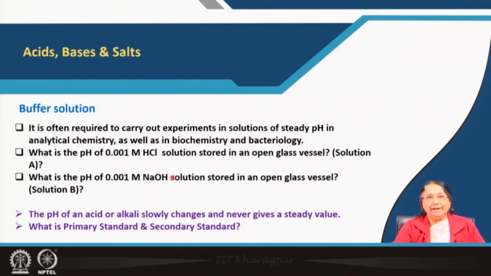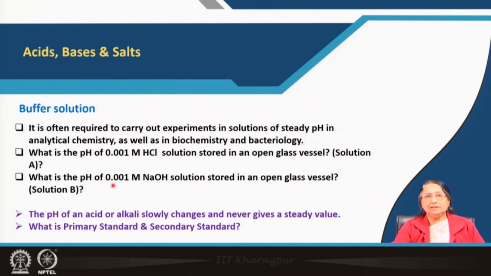Same way, 0.001 molar NaOH, if it is stored in an open glass vessel, it is called solution B, and if it is stored for 7 days, what should be the pH? If we directly calculate it, then pOH will be minus log of 1 into 10 to the minus 3.